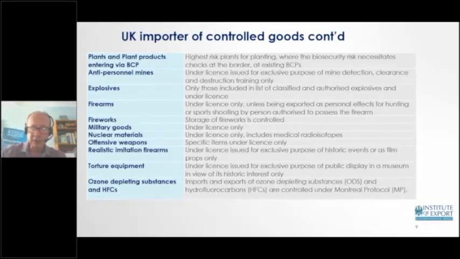And then you have plant and plant products, military goods, dual use goods potentially here as well. Probably more military goods, so explosives, firearms, offensive weapons as well. All classified as controlled goods.